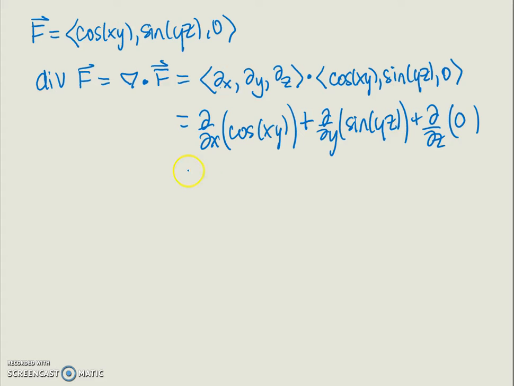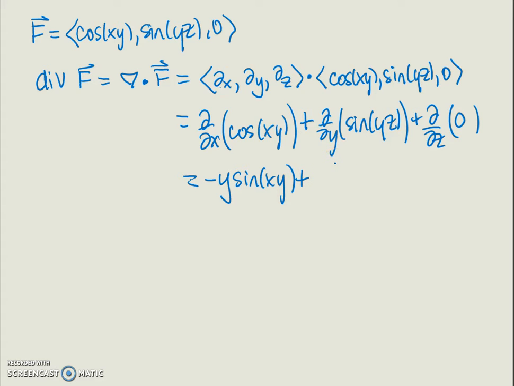So go ahead and find these partial derivatives. In my first term, partial with respect to x is going to give me negative y sine of xy. If I use the chain rule, derivative of cosine is negative sine xy, and then partial of xy with respect to x gives me a y. And I think I said negative. If I didn't, then I should have. Plus, then partial with respect to y, derivative of a sine is cosine.